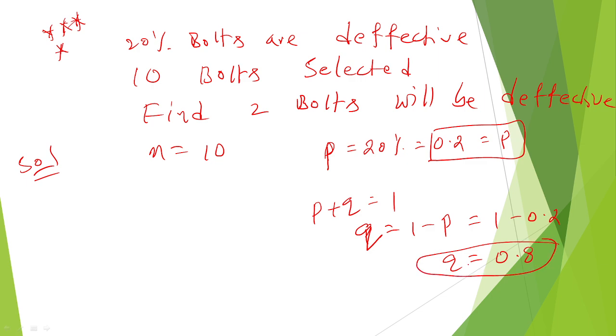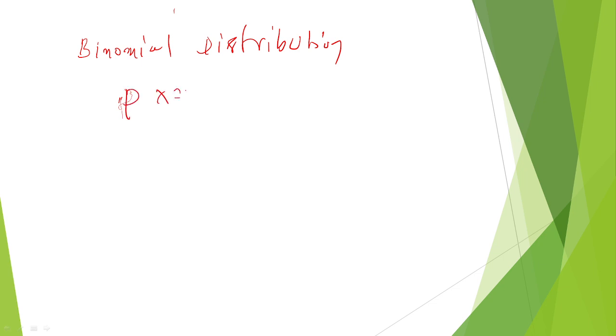Now p is 0.2, q is 0.8 and n is 10. We are asked for 2 bolts to be defective, so x equal to 2. According to the binomial distribution formula, P of X equal to x is equal to nCx multiplied with p power x, q power n minus x.